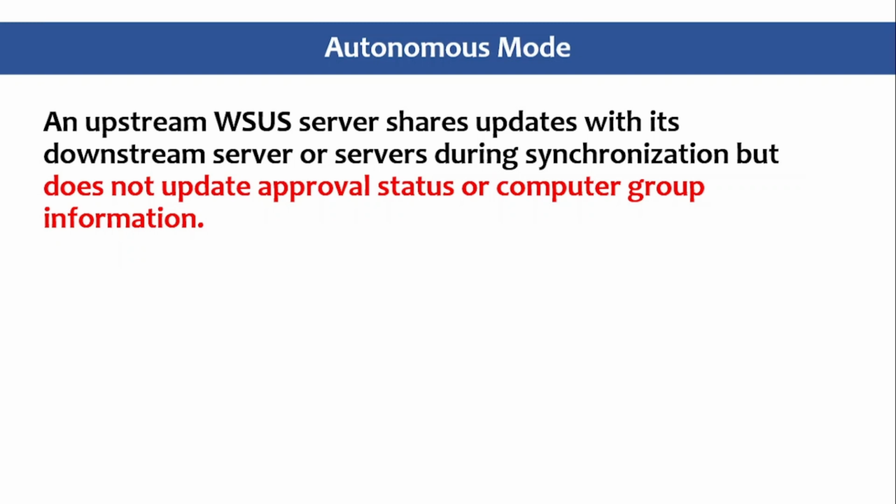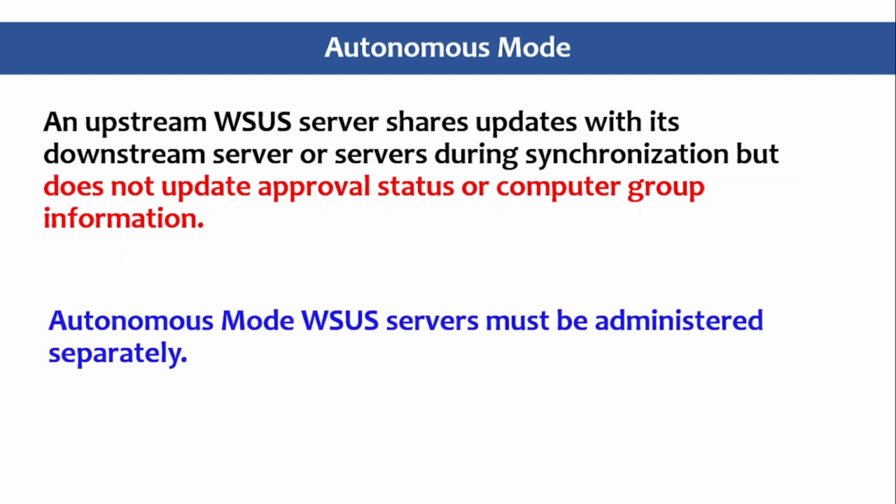So only the updates will be synchronized to the downstream servers, nothing else. No computer groups and no approvals. So autonomous mode WSUS servers must be administered separately. That's the reason for the name autonomous. It has complete autonomy to administer the server. It's not like replica.